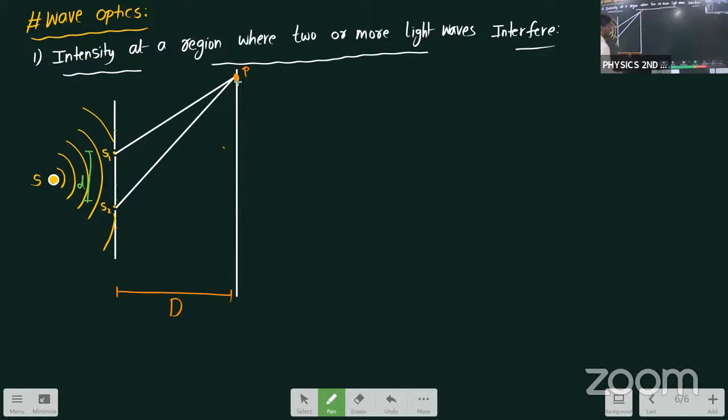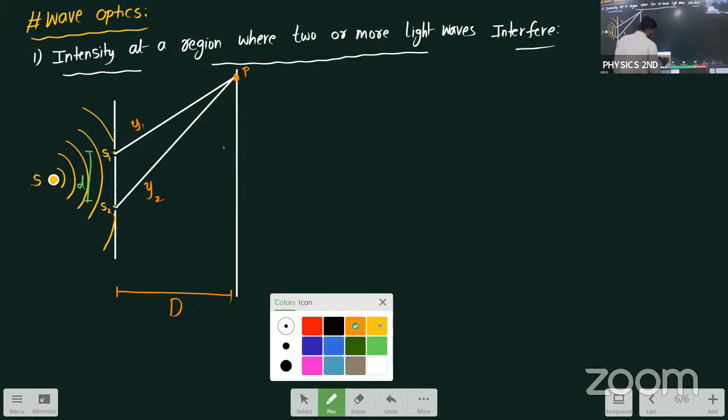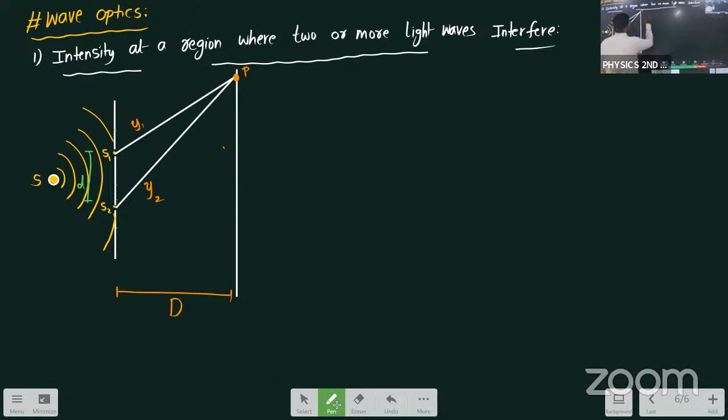Now carefully see here. The displacement of this wave I am taking as y1. The displacement of this wave I am taking as y2. So I'm writing the wave equation. I hope everyone knows the wave equation. You might have studied it in simple harmonic motion also. I'm writing wave y1 is equal to a sine omega t.